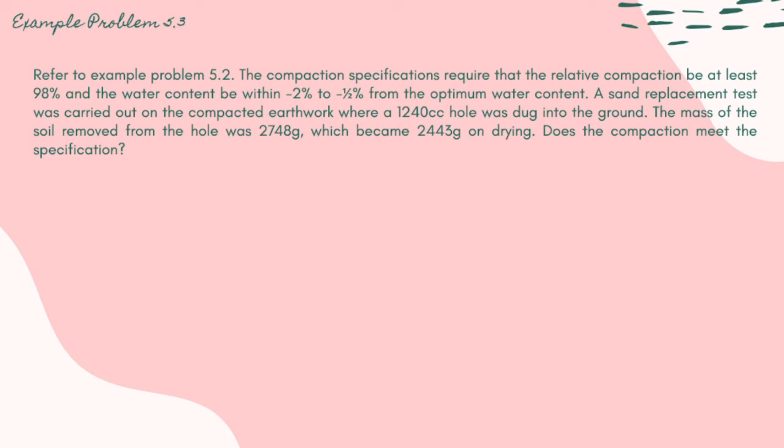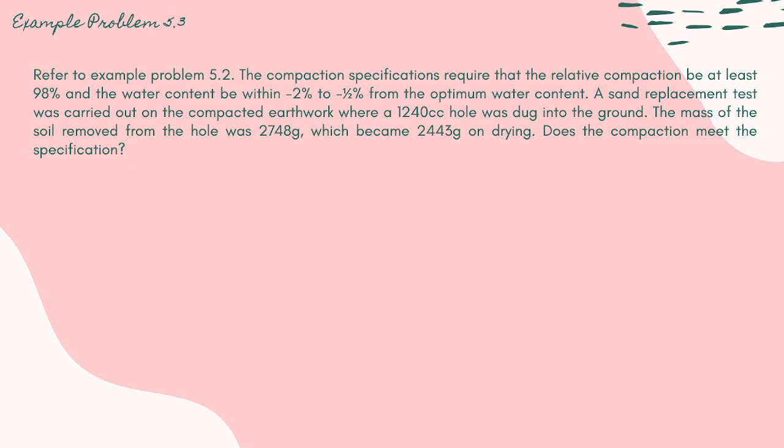A sand replacement test was carried out on the compacted earthwork where a 1,240 cc hole was dug into the ground. The mass of the soil removed from the hole was 2,748 grams and later became 2,443 grams after drying. Does the compaction meet the specification?